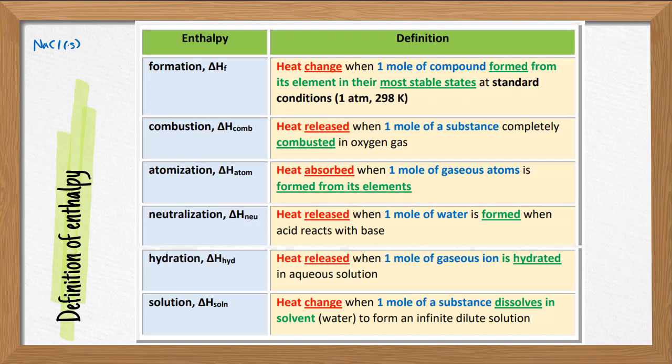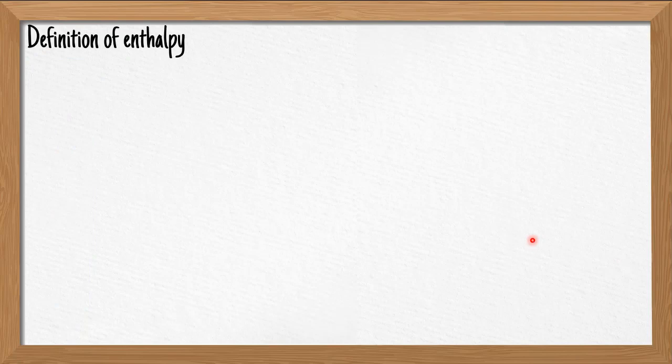So NaCl, when you dissolve it, will produce Na plus aqueous ion and Cl minus aqueous ion, together with the enthalpy at the back of your equation. So for the enthalpy of solution, we are focusing on 1 mole of the substance dissolving to form an infinite dilute solution.